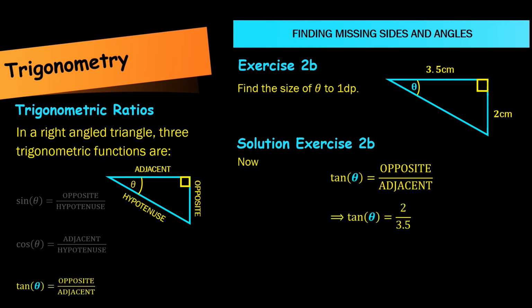Substituting in the values gives us tan theta is equal to opposite, which is 2, over adjacent, which is 3.5. This implies that theta equals tan inverse of 2 over 3.5. And therefore theta equals 29.7 degrees.